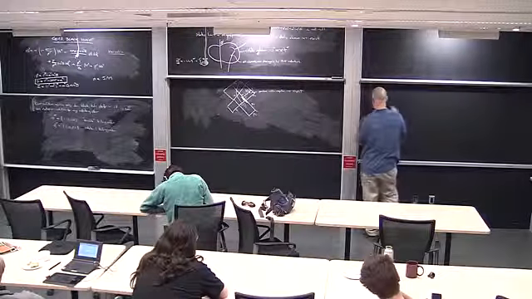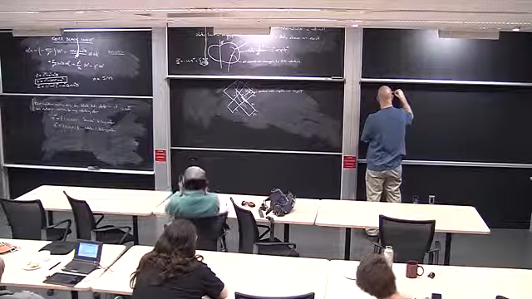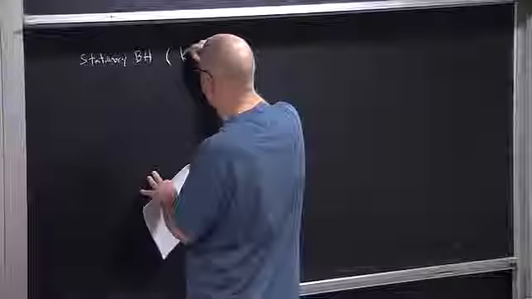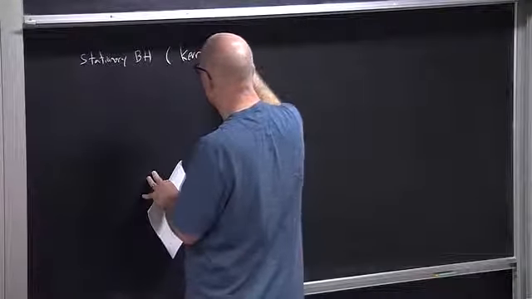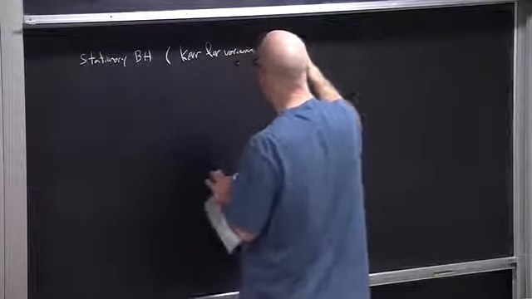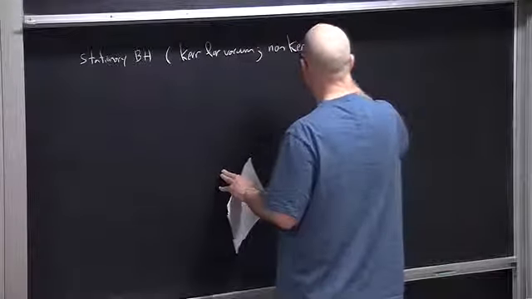So we're going to look at a stationary black hole. And here it could be Kerr for vacuum, but it could also be non-Kerr with matter.